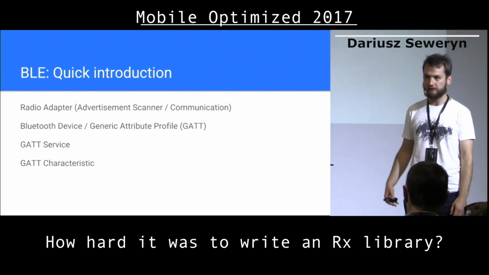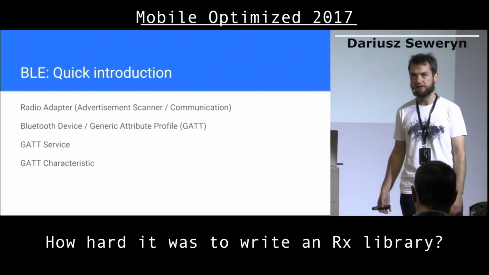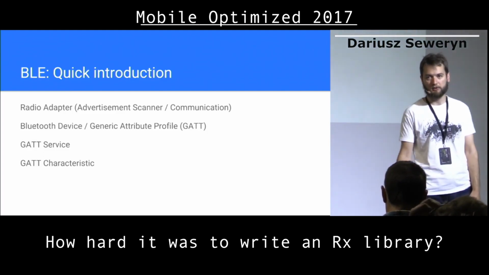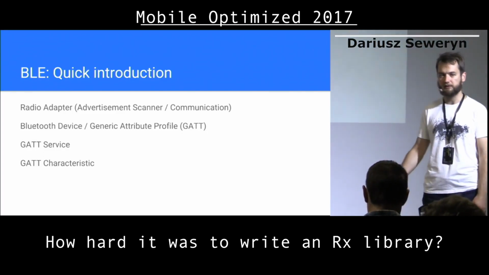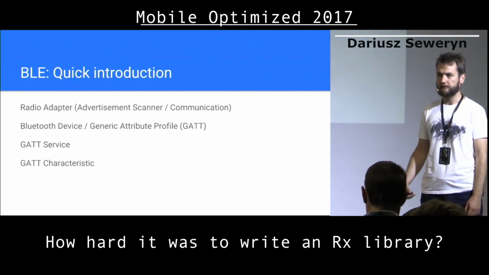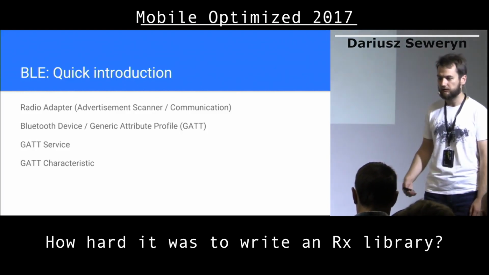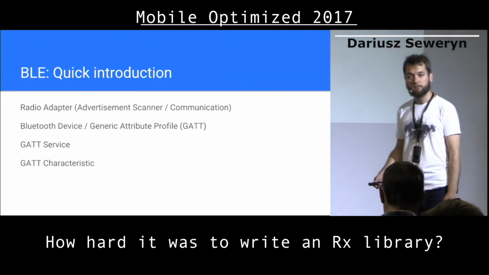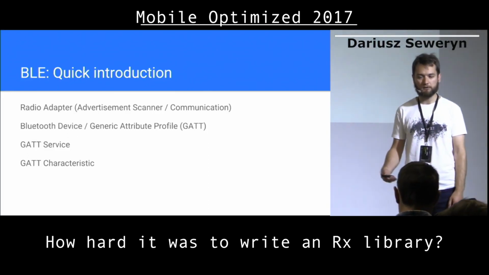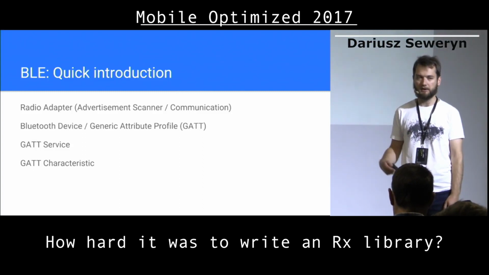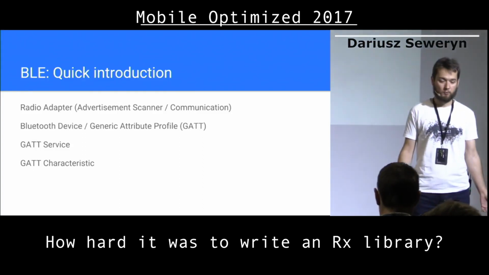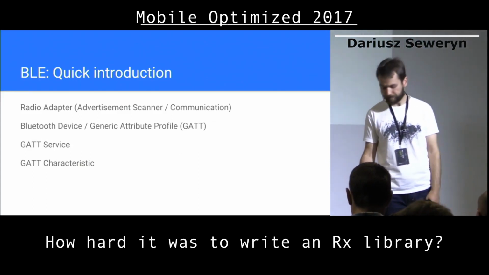And the characteristics are a kind of buffers that you can write information to, read information from, or set a notification on, so that a particular device will give you a proactive notification when the value of a specific characteristic changes.